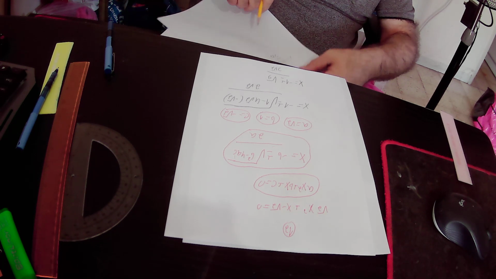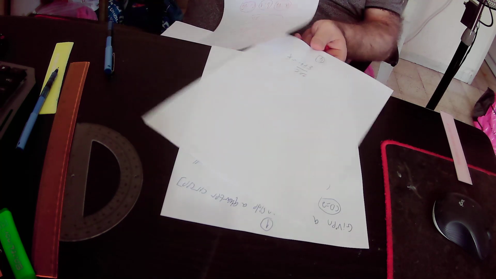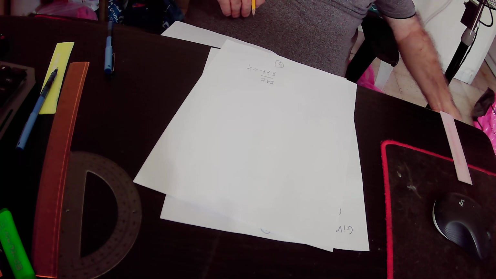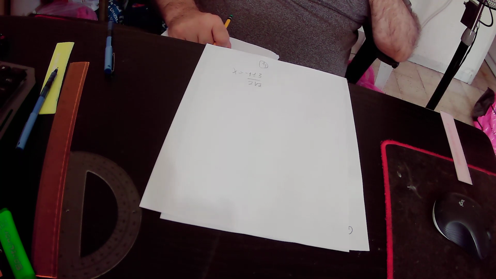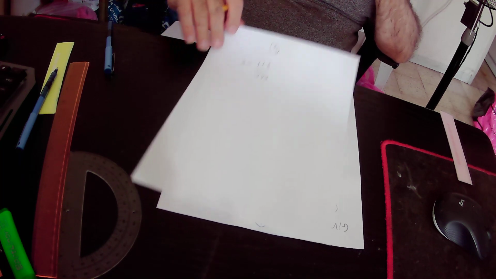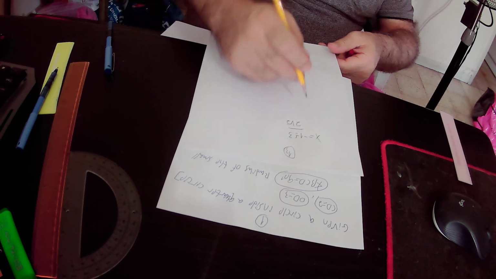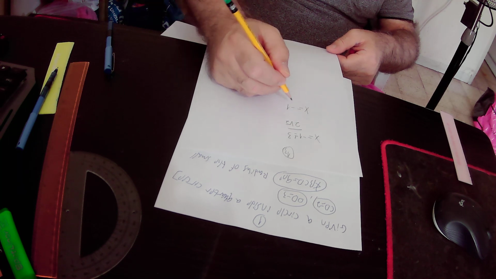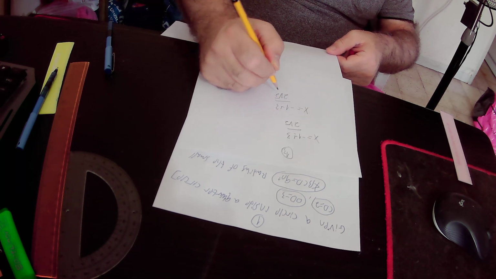Okay, again, x equals minus 1 plus minus 3 over 2 times root 2. So the first solution for this quadratic equation is x equals minus 1 plus 3 over 2 times root 2.